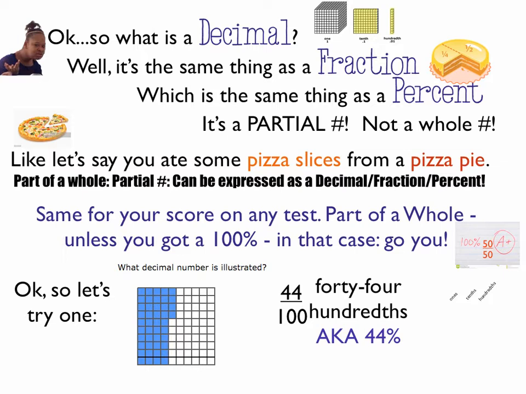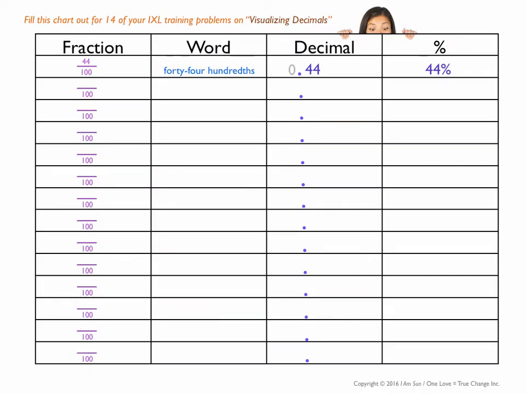So it would look like that, 0.44, but we would read that as 44 hundredths. Make sense? So 44 out of 100 as a fraction would be expressed as 44 hundredths, which is written as 0.44, but still read as 44 hundredths, and expressed as 44%.